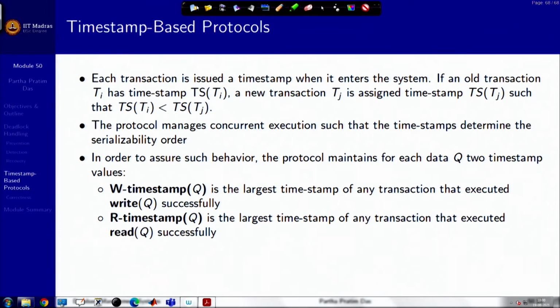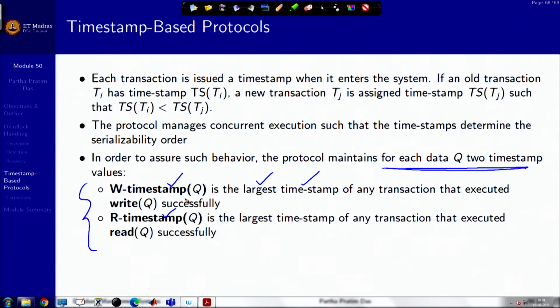So, for that it maintains two different timestamps with every data item Q. This is called write timestamp and read timestamp. The write timestamp is the last time that this data item was written. So, it is the largest timestamp, which means the most recent write of that data that was successful.